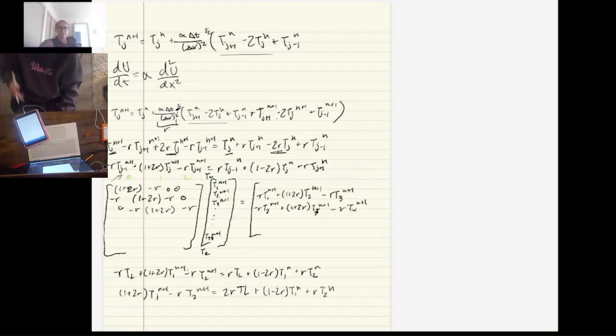Okay, so we're going to plug it in for the T0 value, because this is going from T0 to T99, right? So what is our T0 value? Well, what is our T1 really? Our T1 is going to have that left, right? So it's going to be R TL plus 1 minus 2R T1 n plus R T2 n.